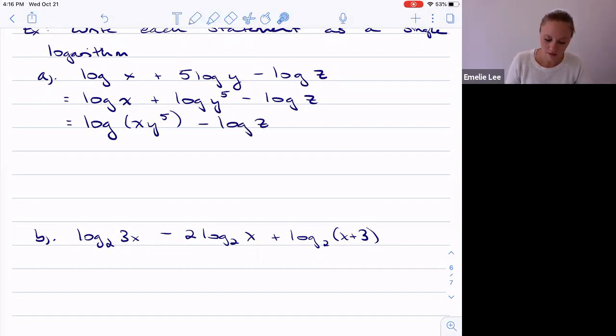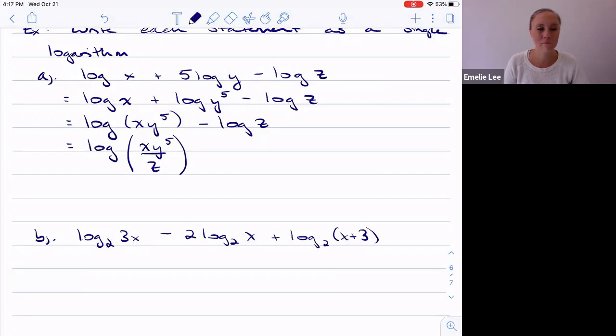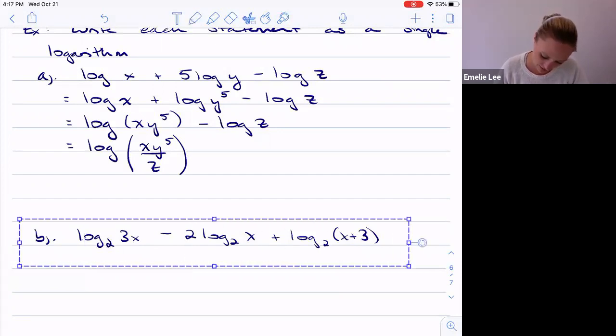Still checking, okay, log base 10, I'm able to combine these. And because I'm subtracting the logs, I get the log of xy to the power of 5 divided by z. And that's it. So now I've simplified this thing.